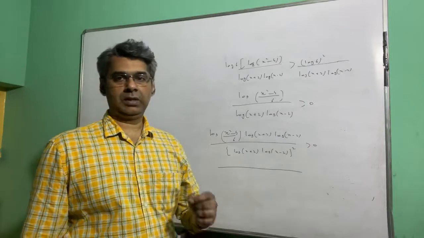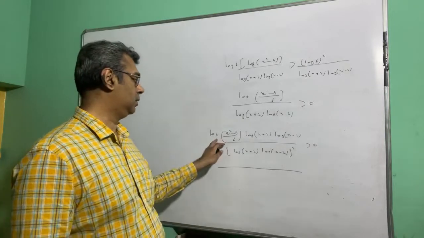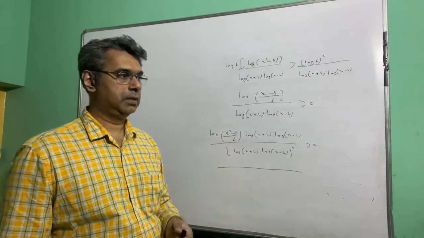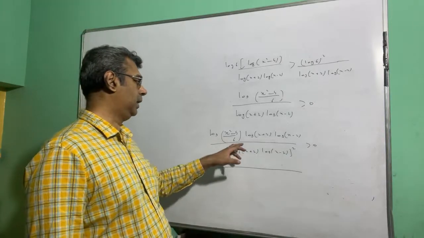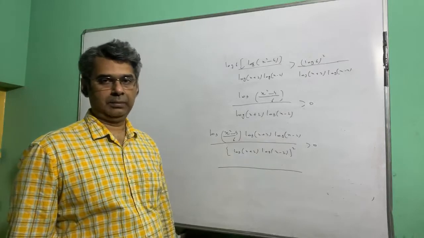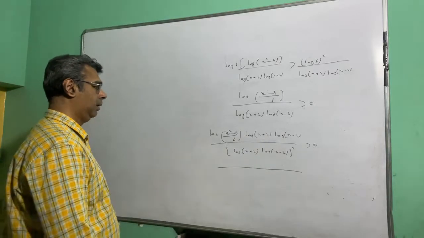So for that we need to understand one simple thing, that these logarithms must be having some base. So the default base of any logarithm is 10. The default base is 10.